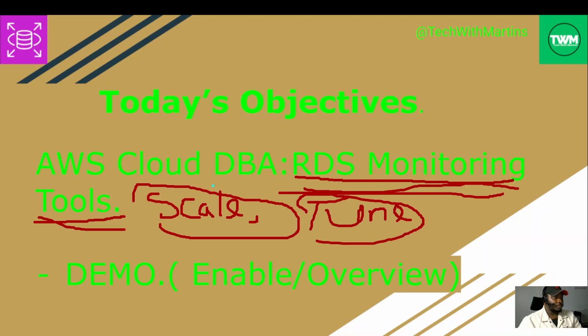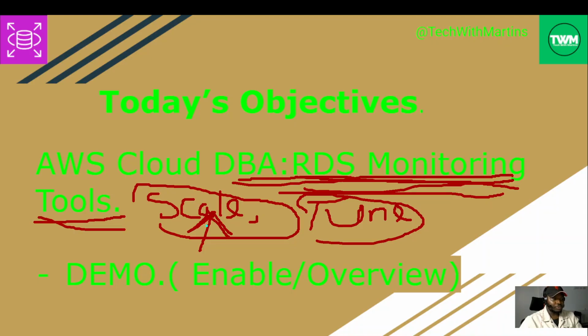So why is RDS monitoring very critical? It is very critical because sometimes your database grows, right? There's a lot of DML and database activity. Your tables grow, your database size increases, and at the end of the day, if you don't monitor storage, you will see that you'll be lacking storage.